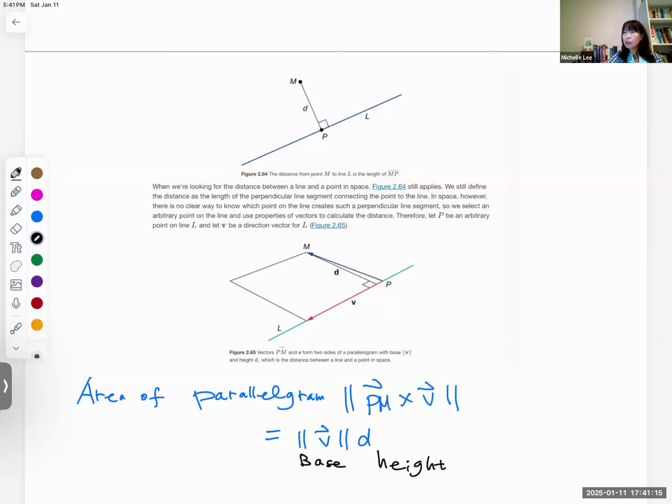Okay, now we want to know the distance from the point M to the line L, right? So that is D. We can see that.